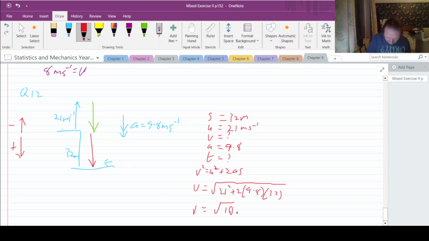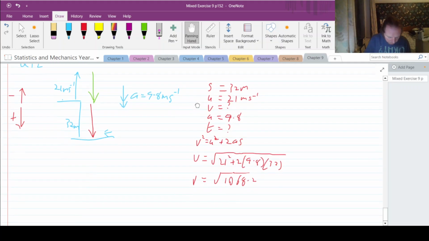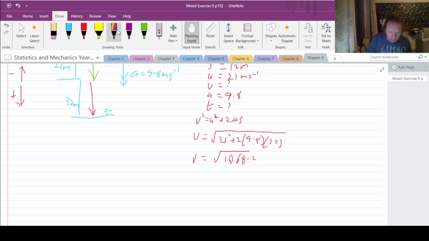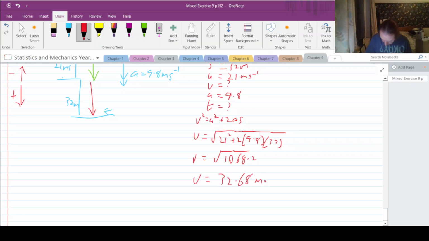The square root of that is really nothing nice, 32.68. So 32.68 meters a second, minus 1. Done.